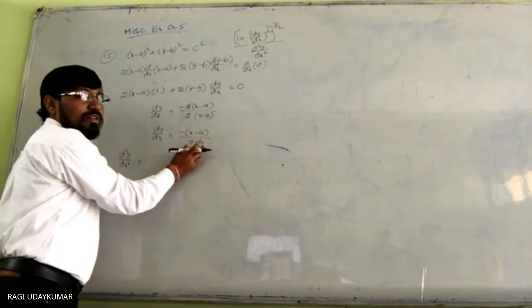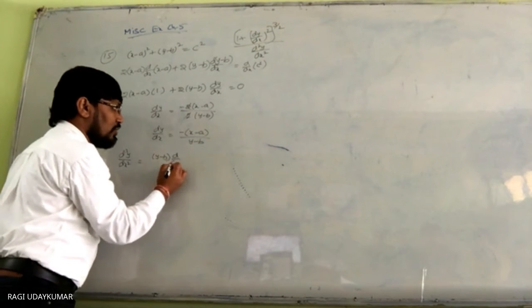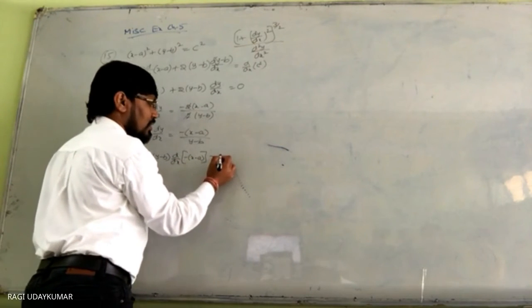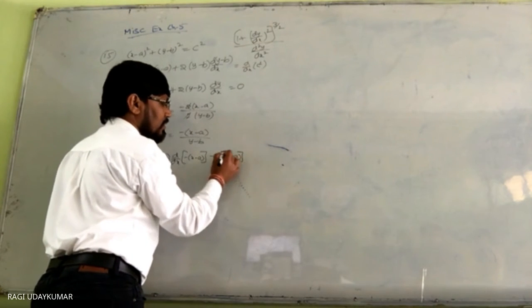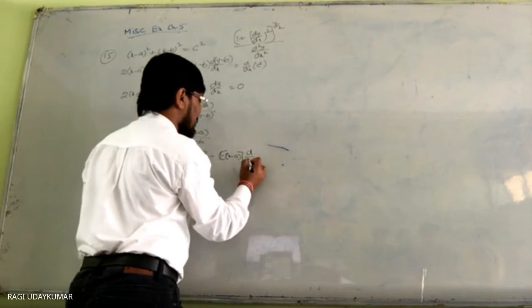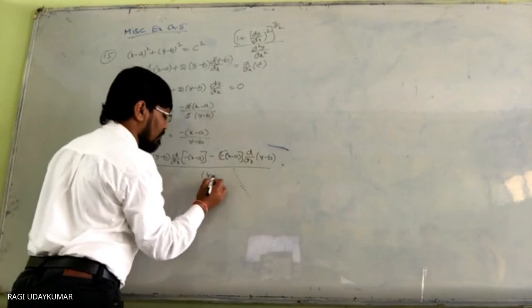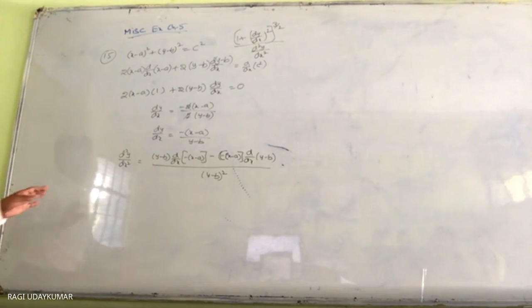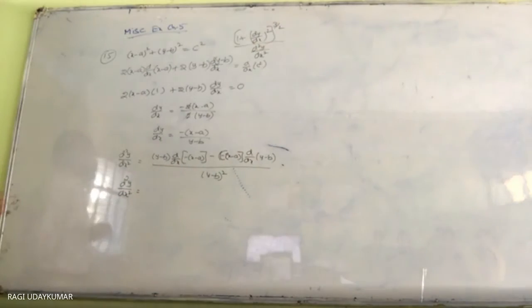So this one: (y minus b) denominator into d by dx of minus of (x minus a), minus numerator, that is minus of (x minus a), into d by dx of (y minus b), divided by (y minus b) whole square. Keep this in mind a little here.